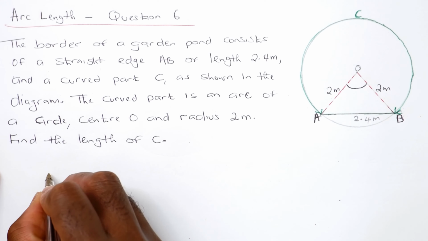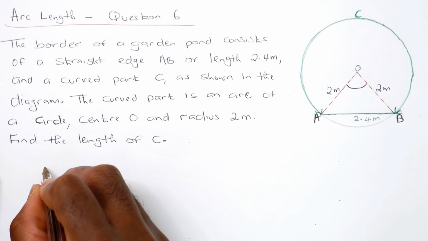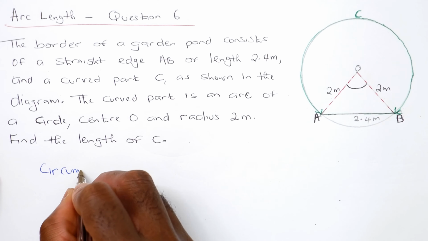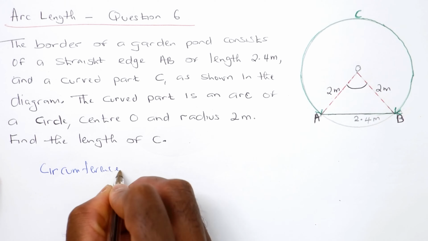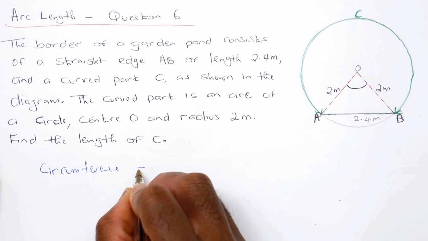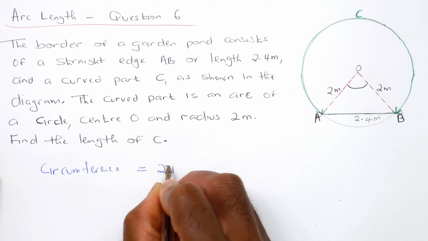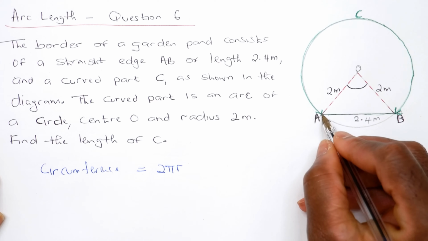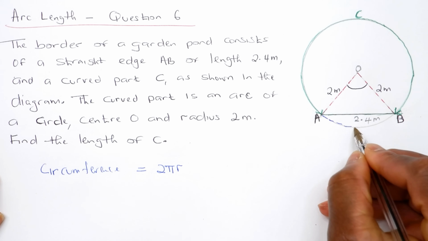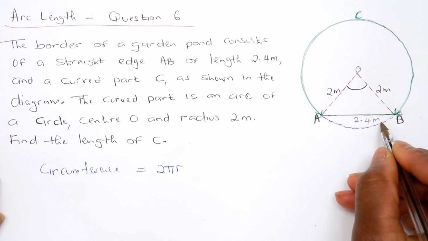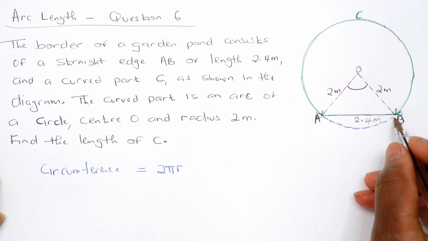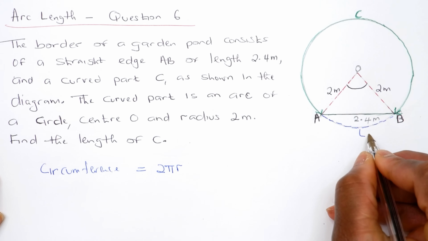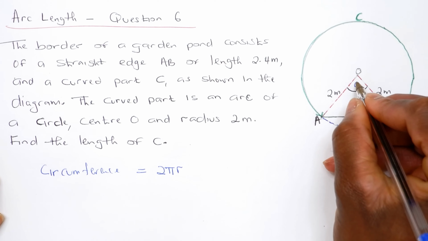So if I say the circumference of the circle is 2 pi r. The arc of the sector AB, let's call that L subscript theta, because the angle here is theta.